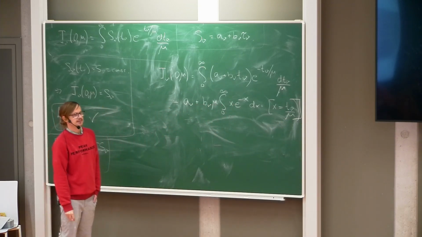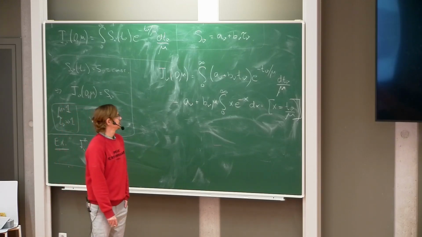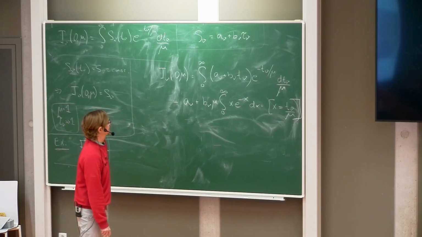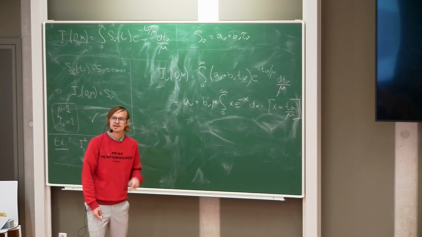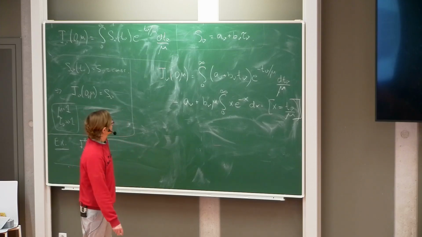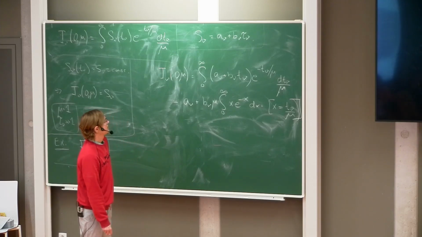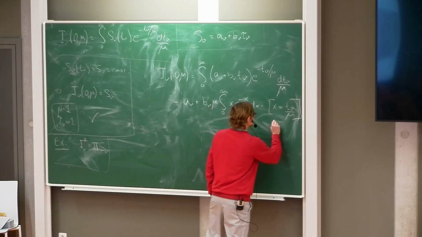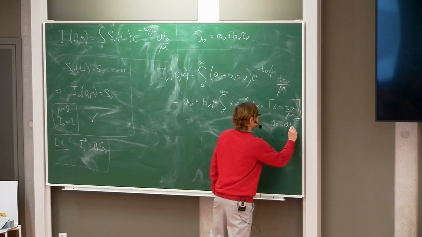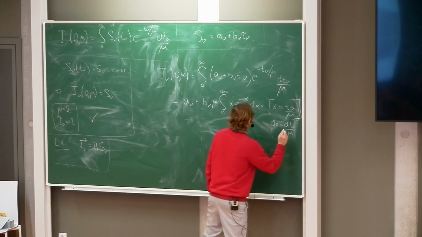Did my on-the-fly variable substitution pan out there? I think so. I hope so. You can check me and tell me if I'm wrong. Yes, please. But you have the x, it's the tau_nu over mu, right?